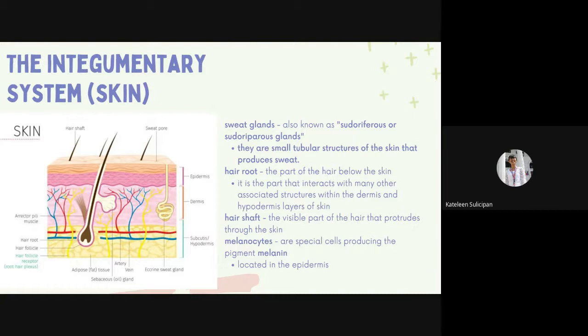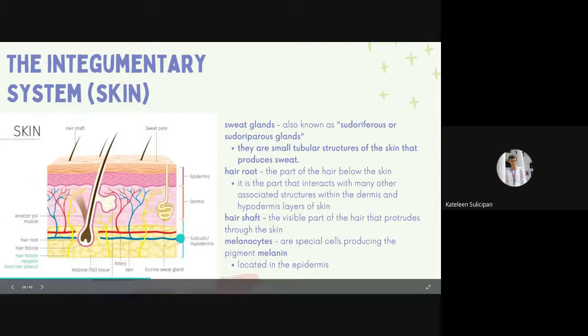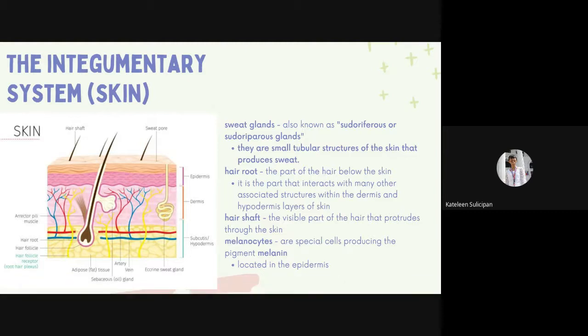And kung kulang ka naman sa melanin, parang mas white yung skin mo. So, ito, melanocytes yung nagpo-produce ng melanin natin. Nagpa-vary siya depende kung ilang percent or gaano karami yung melanin mo para ma-identify ka as like brown or white, ganun.